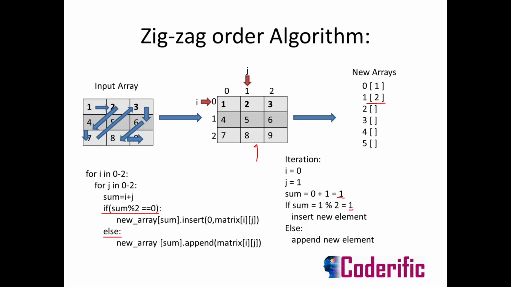Matrix is this table, and ij points to the element 2, at 0, 1. So we append this to new array of 1.